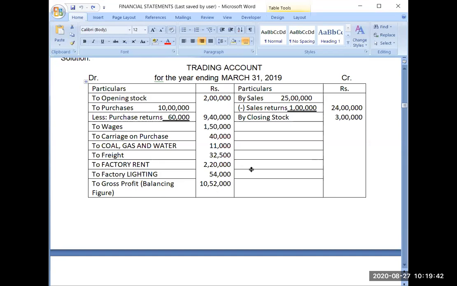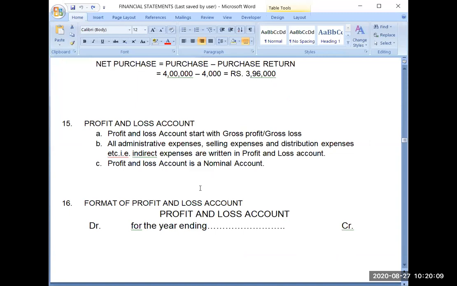These are the general mistakes which students never catch. When we don't know about the balances, that's why we generally make mistakes. That's why I always focus on what type of balance an account has. Always ask this question. So it is a credit balance, and when it is a credit balance, it will go to the credit side of the profit and loss account.